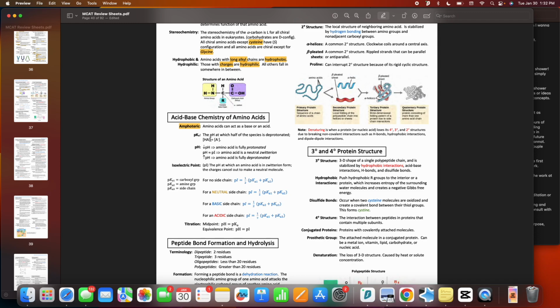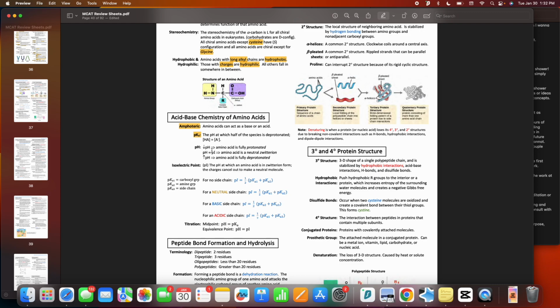So HA, the hydrogen and acid attached together, equals A minus. The brackets show concentrations, so the ion concentration equals the acid concentration. So this is pKa.